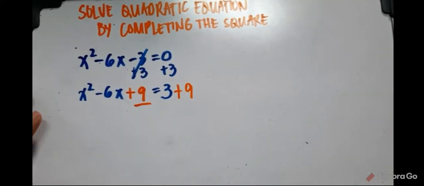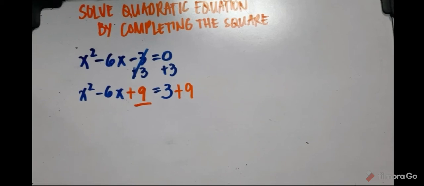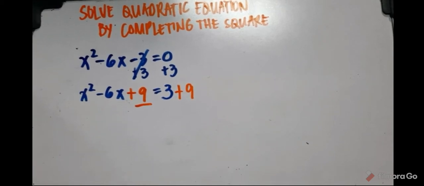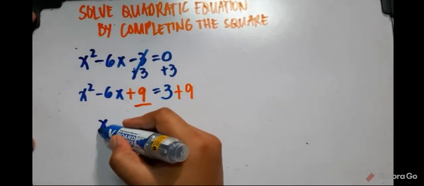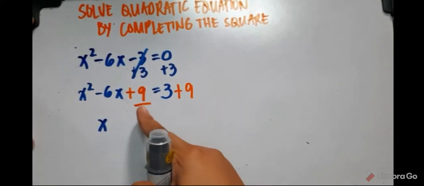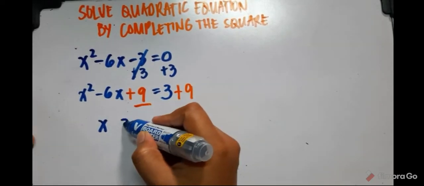Next step, we are going to rewrite the perfect square trinomial as a square of a binomial, and that would be getting the square root of the first term. X squared is x. The square root of 9 is positive 3.